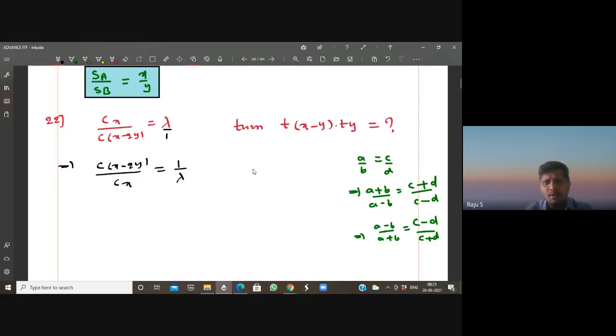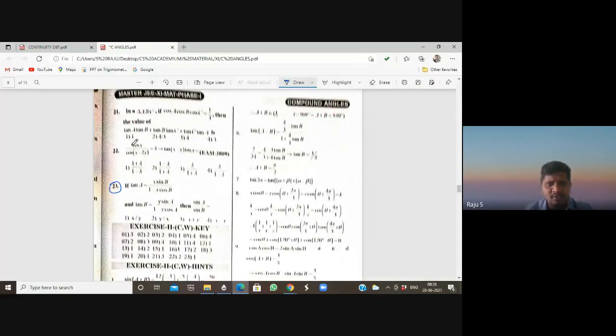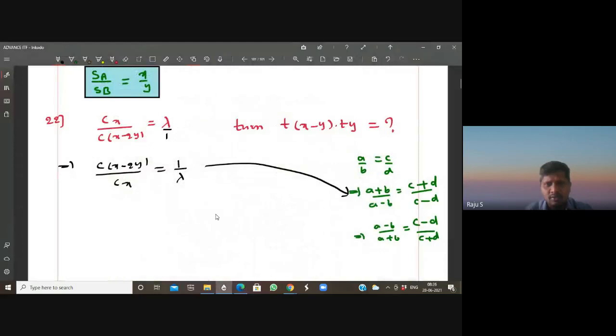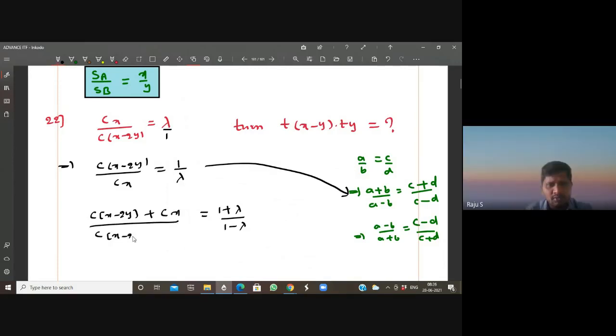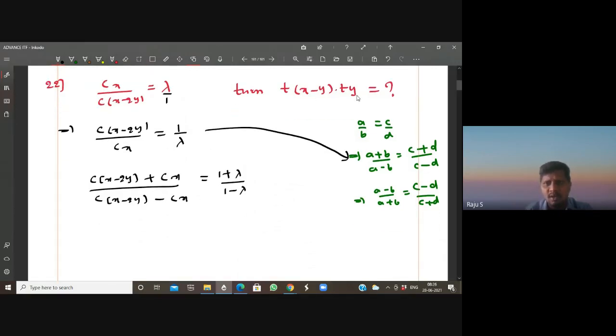Now we can apply componendo and dividendo. In the first option, (1 plus lambda) by (1 minus lambda), so on the left side we write (cos(x − 2y) plus cos x) by (cos(x − 2y) minus cos x). It is in the form (C plus D) by (C minus D). Shall I apply this formula here?